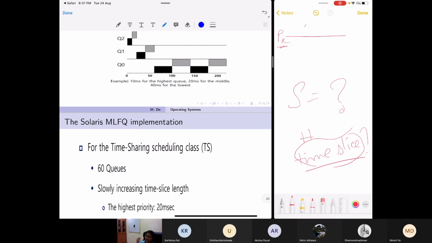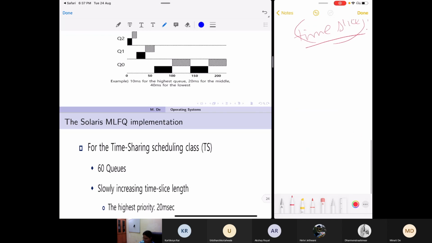So what should be the exact value which will fit into your environment? There should be some flexibility also, so that the user, or in the sense the administrator, can also decide. Okay.